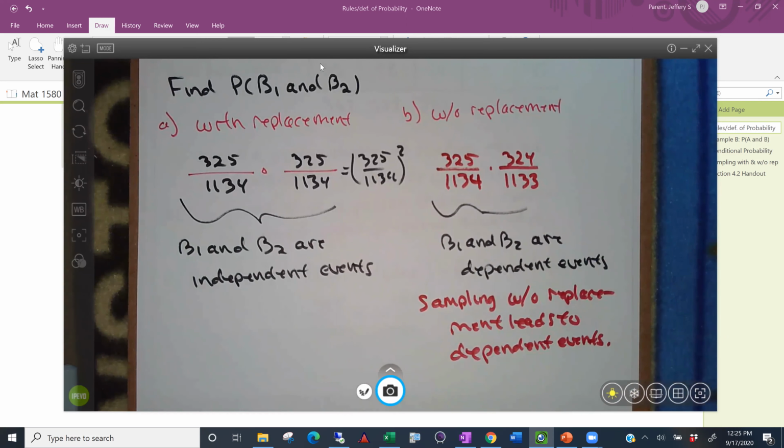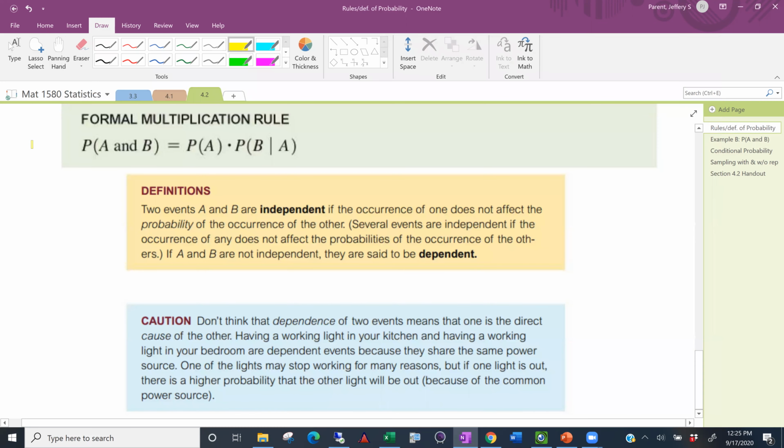Now, coming back over here, here's the definition for independence. Two events A and B are independent if the occurrence of one does not affect the probability of the occurrence of the other. You can have several events that are independent as well.